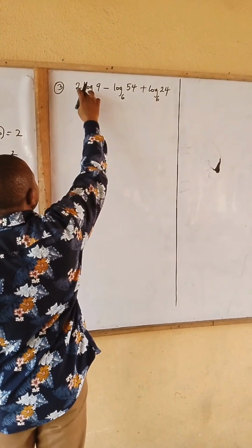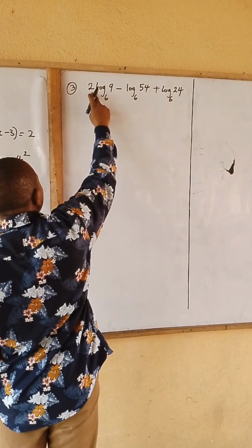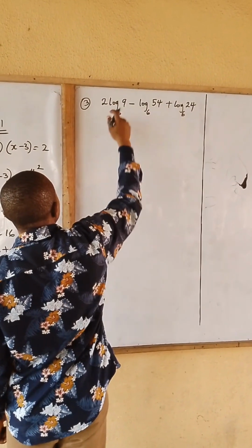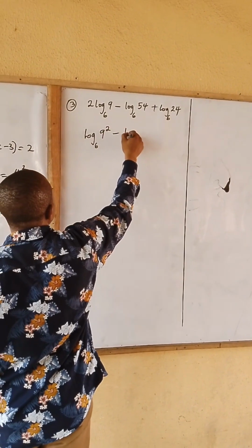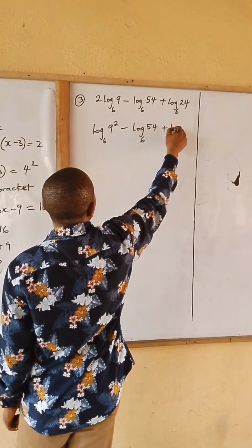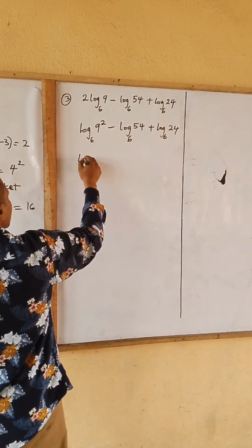But before that, I want us to take this 2, which is at the back of the logarithm here, back to its original position here. So we are going to have log base 6 of 9 raised to power 2 minus log base 6 of 54 plus log base 6 of 24. Then 9 raised to power 2 will give us 81.